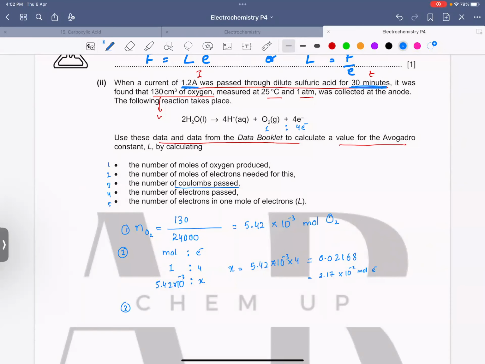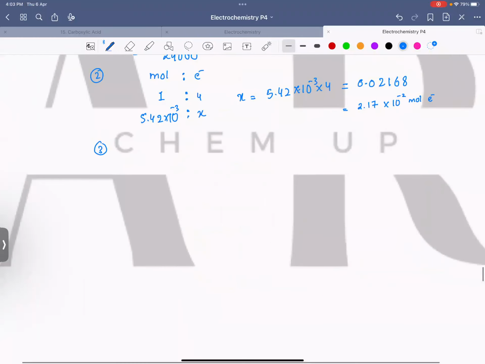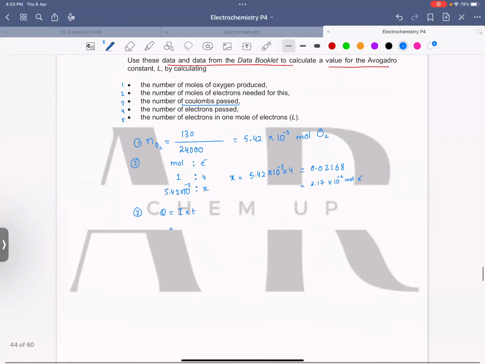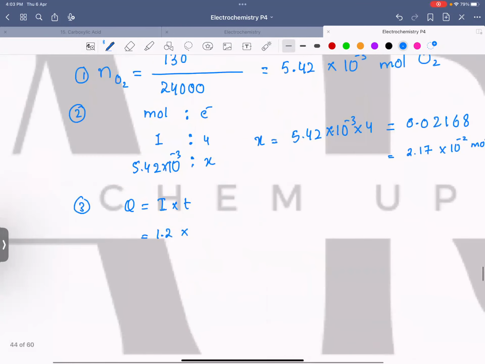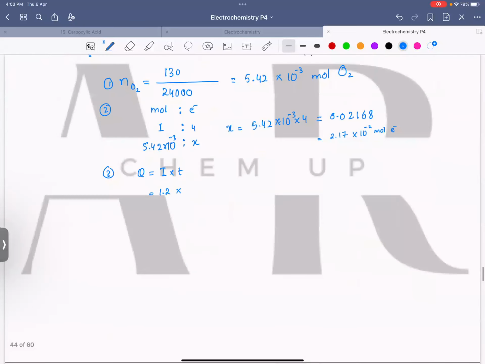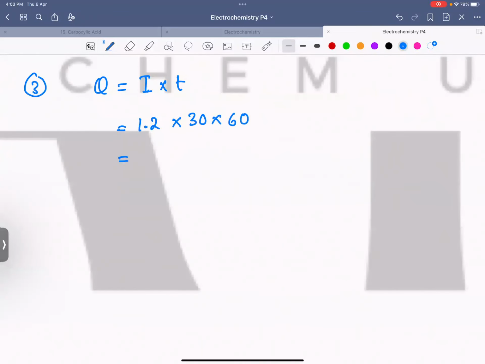That is calculated by the current and the time that is used in the experiment. So for third, Q is equal to I into T, where I is 1.2 amperes and T is 30 minutes, which I have to convert into seconds. So 30 into 60, so 1800 into 1.2.